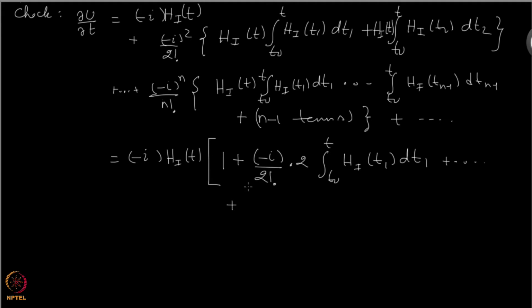And this term you get minus i power n minus 1 over n factorial. Okay, and then you get here, I pulled out this, so you have n minus 1 such factors.